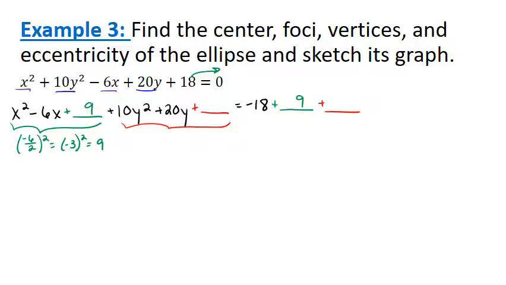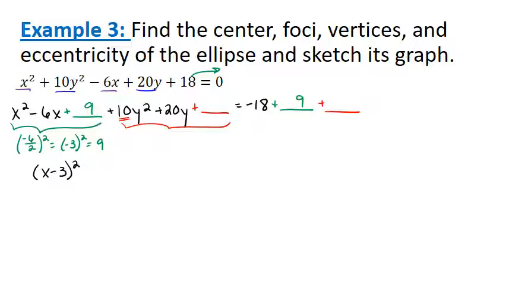When I continue, this little piece here will be x minus 3 quantity squared. Same type of thing here. Now the thing to be careful of is we have a coefficient in front of the squared term.